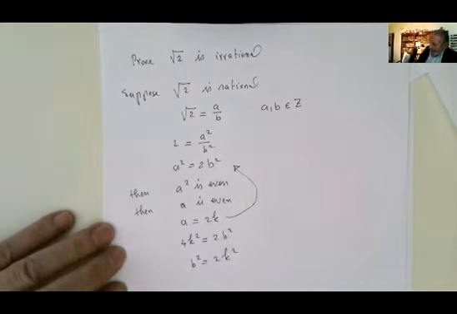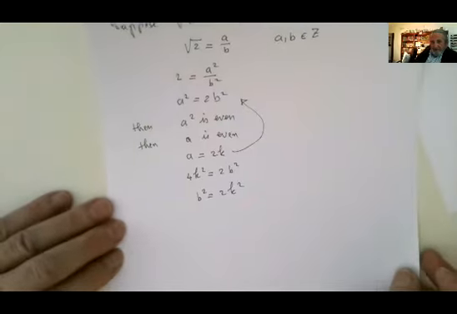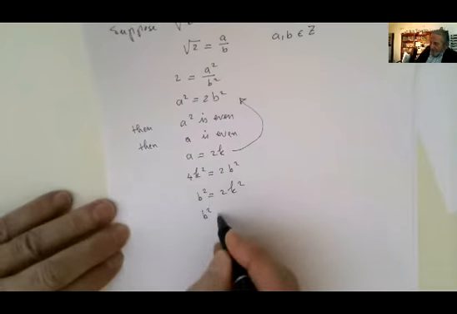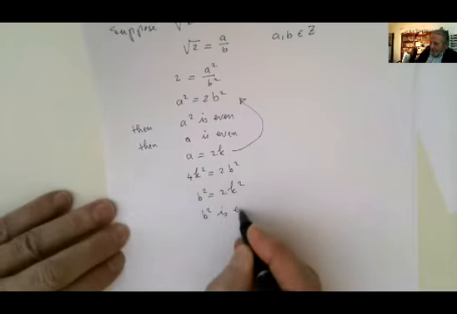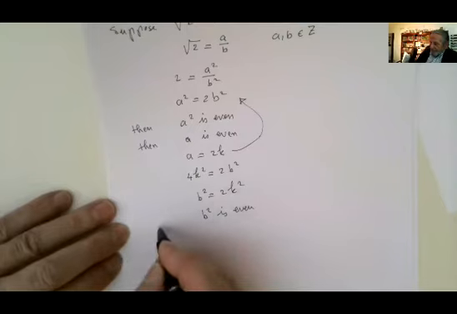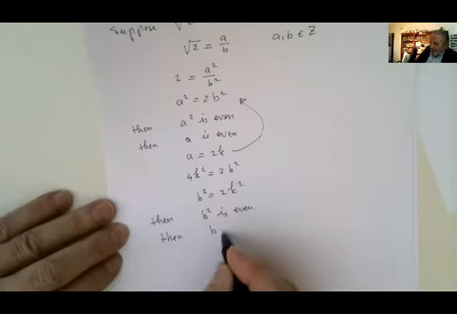So now b squared is even, because 2 times something. Then b is even.